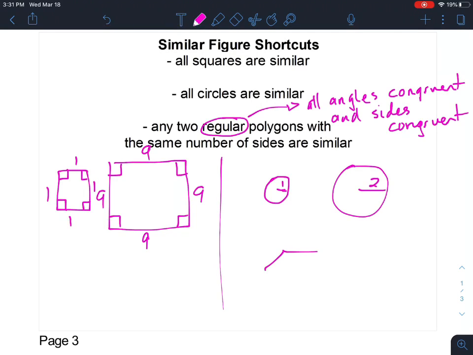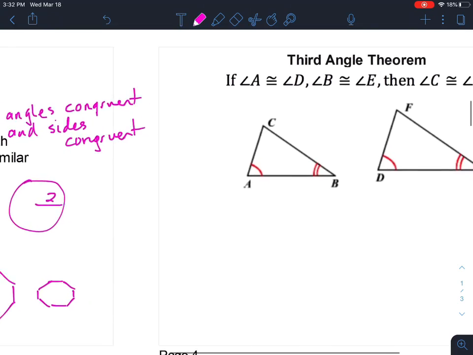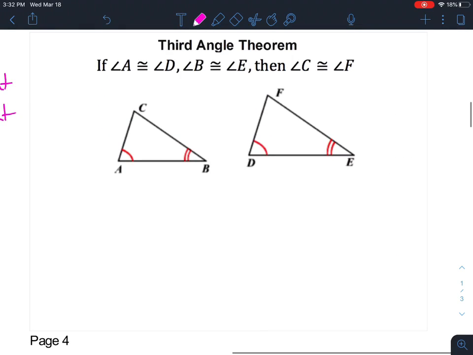Another example would be an octagon, just your standard octagon shape. If I were to draw a regular octagon here as well, again, the drawing is poor, but the point is that they will always be similar.